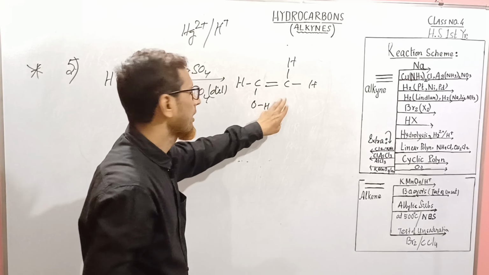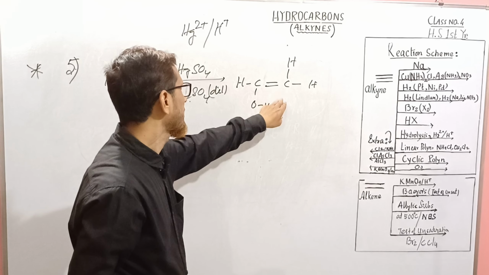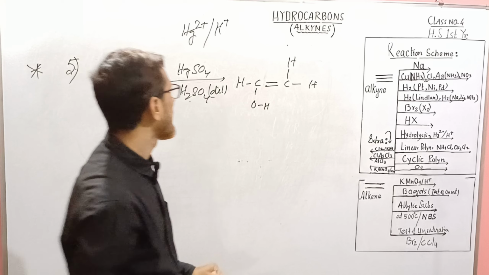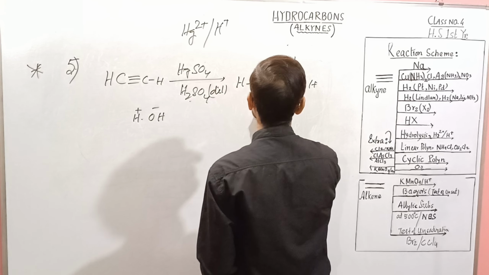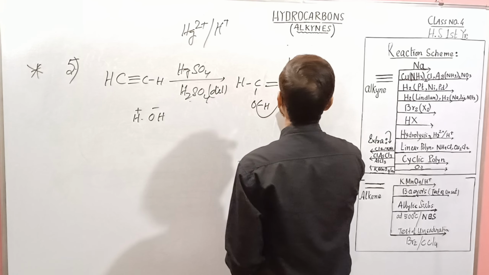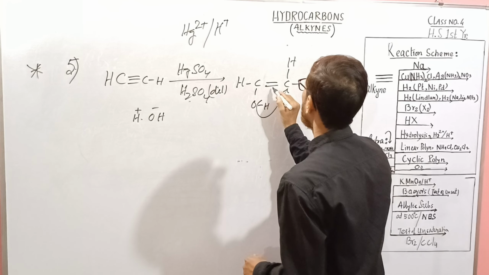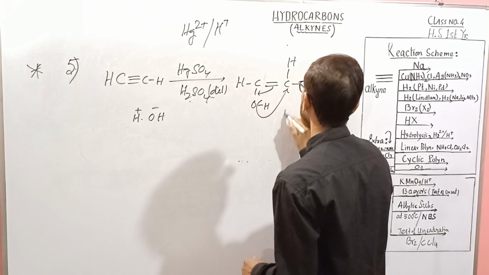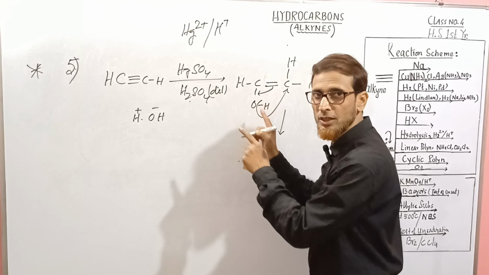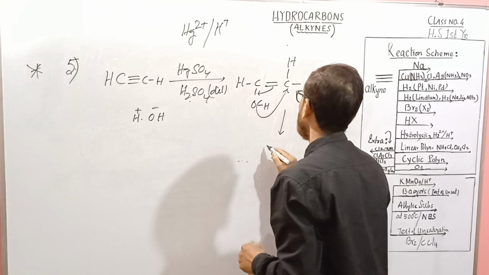But that adduct is unstable. So what happens here? That hydrogen is rearranged like this, and the bond comes in this way. This is the part you should concentrate on, otherwise the answer will be wrong.